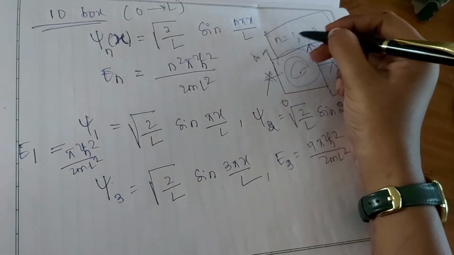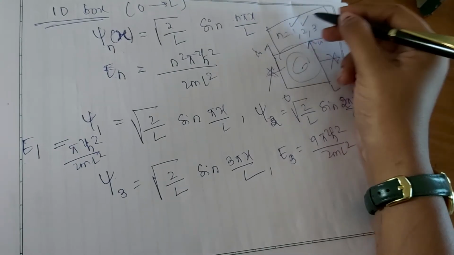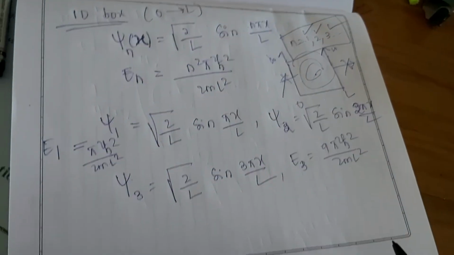For n equal to 1 we get the ground state, then the first excited state, then the second excited state, and so on.